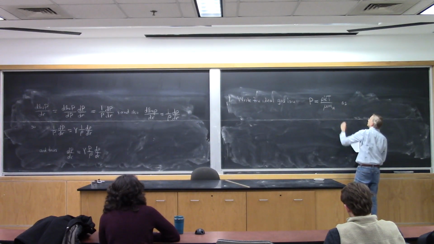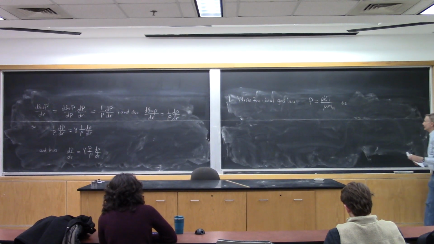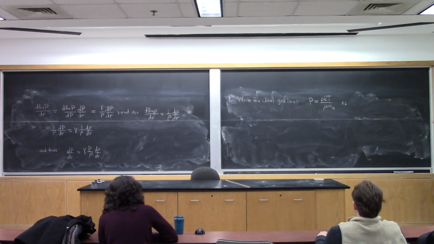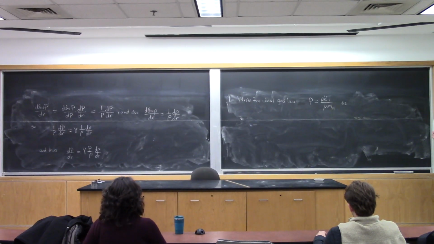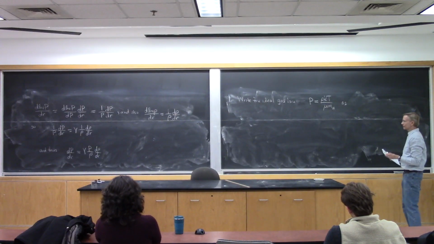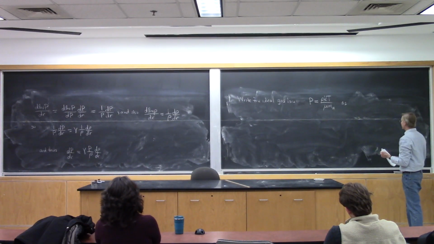I'm going to take logs again. Again, we could have gotten that relation directly from P equals K rho to the gamma, but it's actually easier to take the logs first and then use the chain rule.